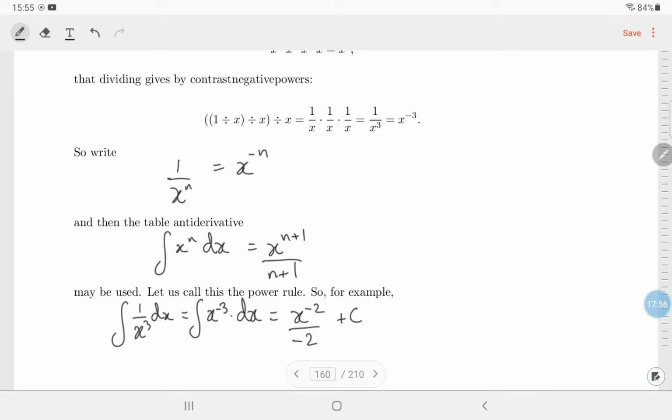Now you can tidy that up a little bit if you want. x to the power of minus 2 is dividing by x twice. The way I would probably simplify this is: this x to the minus 2 is positive. Now you might say, but the negative power? Well, negative power doesn't mean it's negative.